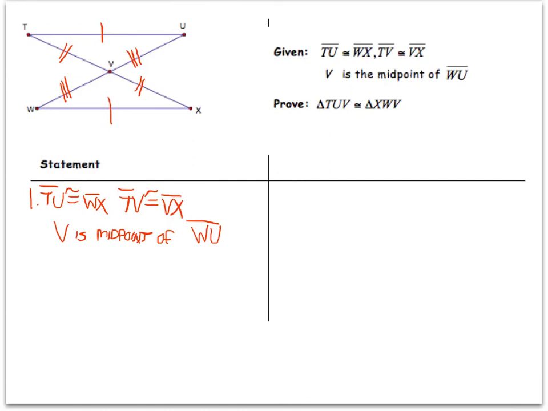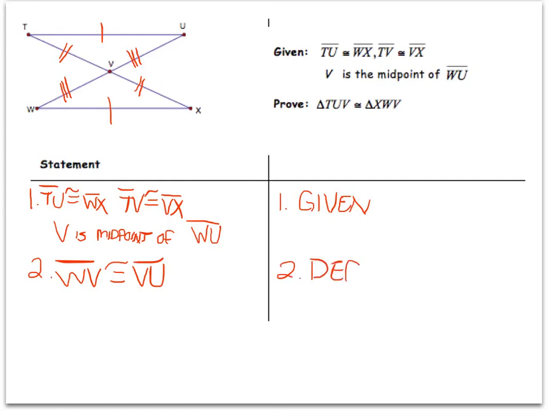Step 1, we have to state our given. So I've written it down there, and the reason is, well, that's the given. Step 2, we had previously that two of the segments were congruent. We had to prove the third. And what we came up with was that line segment WV was congruent to line segment VU. And that, we said, was by the definition of midpoint.